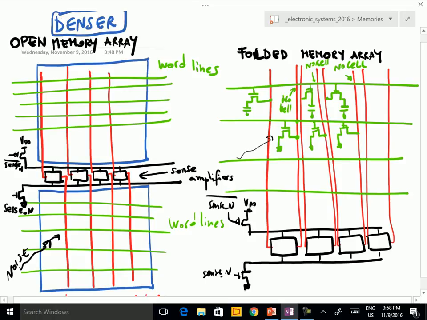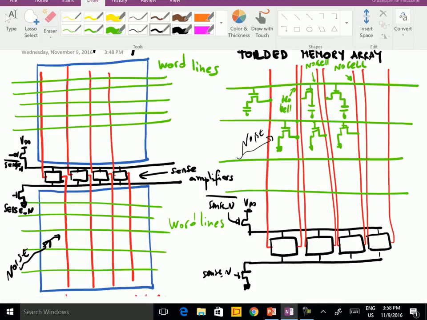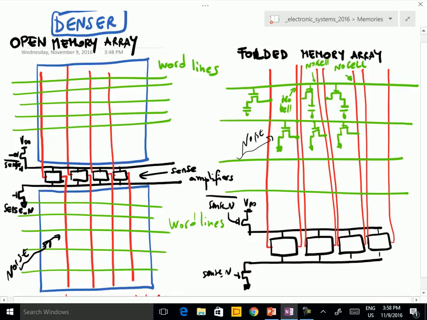So if there is some noise, this noise is very likely to have the same effect on the two bit lines, so that it has no effect on the difference, and therefore the reading operation is more robust. So this part is more robust to noise. And this is the reason why sometimes it is still used.